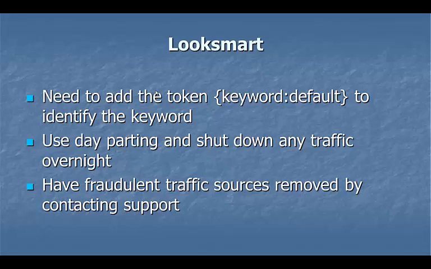Now, I know that at one point you did have to contact support to have those traffic sources that are performing poorly blocked. But if you do go to Looksmart support, you can request to have the ability to block partner sites and referrals, which are basically domains, right within your account.